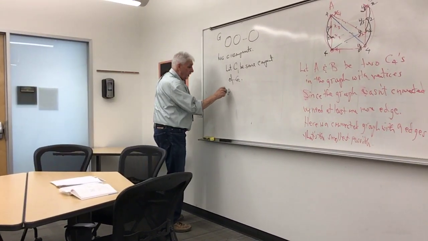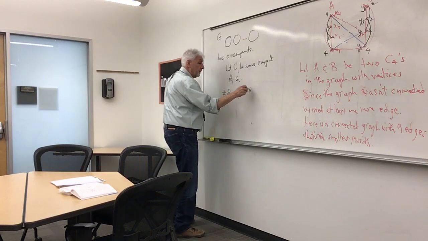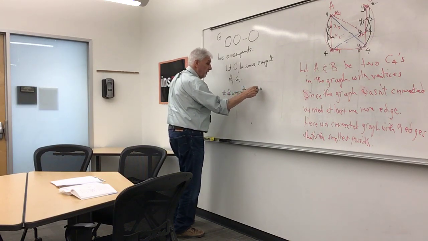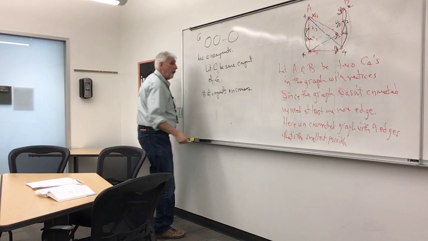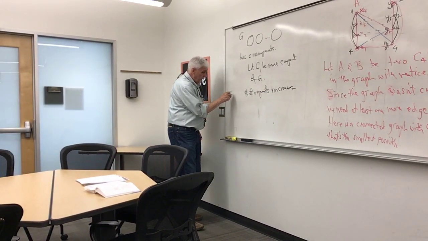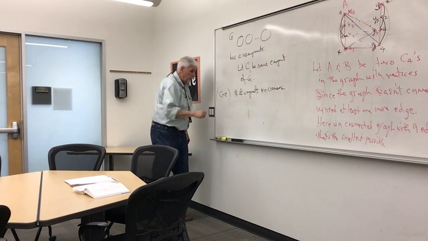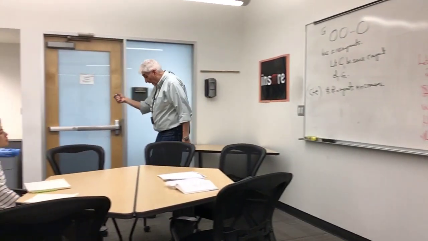The number of components increases when? I'm going to remove an edge. So consider C minus an edge. I'm going to take some component and I'm going to remove an edge.